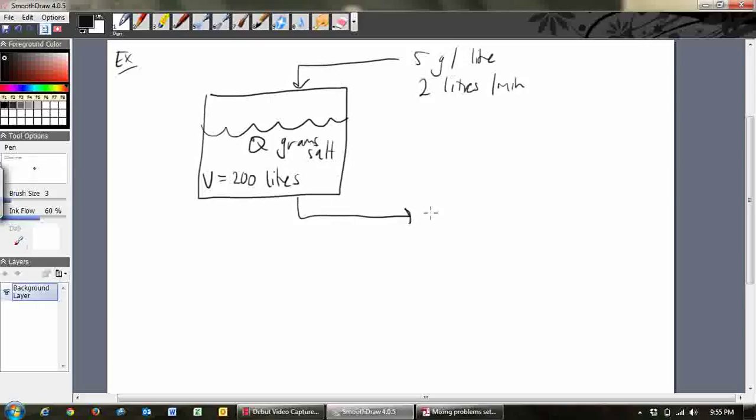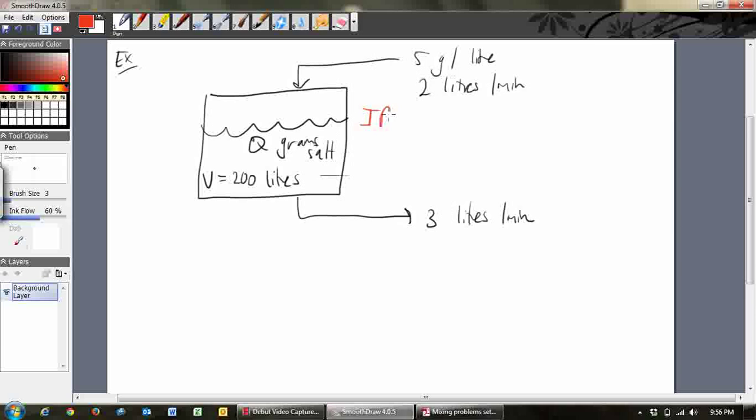Coming out, it's going to come out at 3 litres per minute. Okay, so that's our situation. You'll notice the only difference is that we've got 2 litres per minute going in, 3 litres per minute out. And you can think about what's going to happen to the volume of this tank if this continues. It's going out faster than it's coming in.